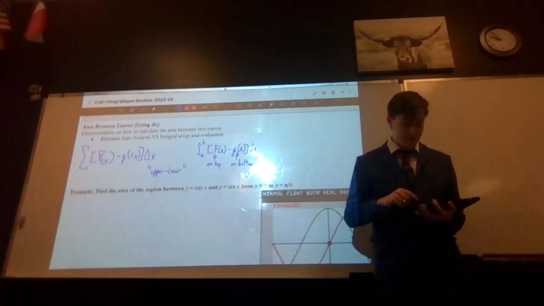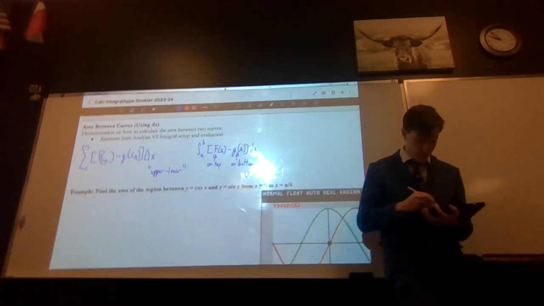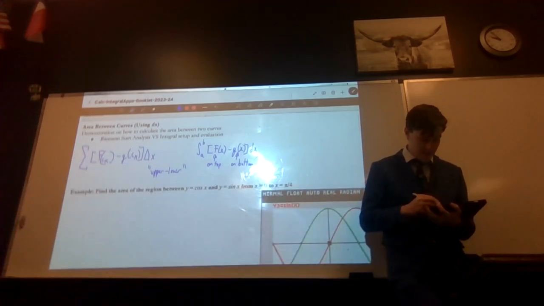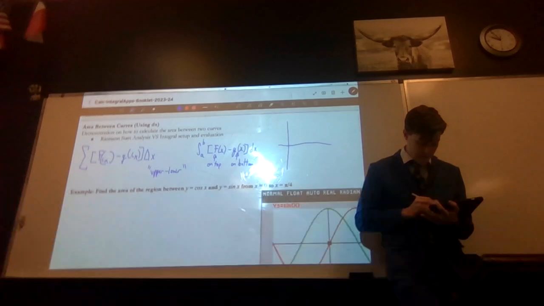Now, for the first equation, I'll just provide you with a brief visual real quick. Let's say we have this graph here, with these two curves. We have this one here, then we also have this one here.